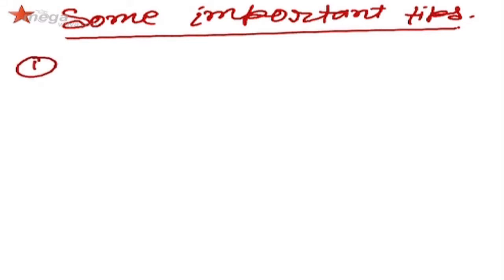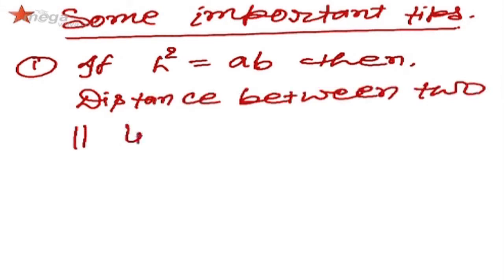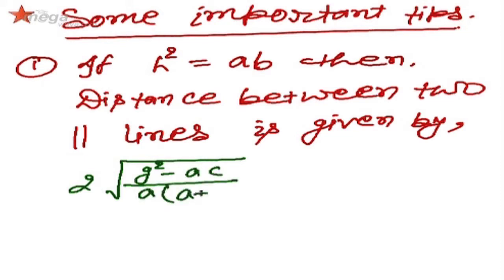So the first property is, if h square is equal to ab, then the pair of straight lines are parallel, and the distance between the two parallel lines is given by 2 into root under g square minus ac upon a into a plus b.